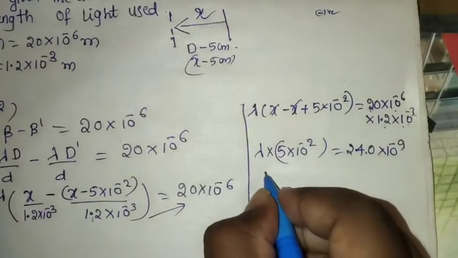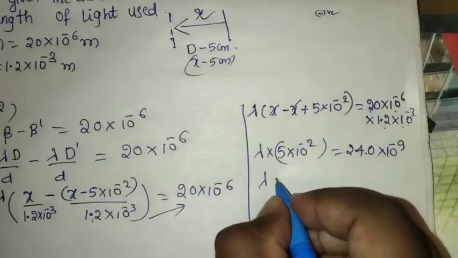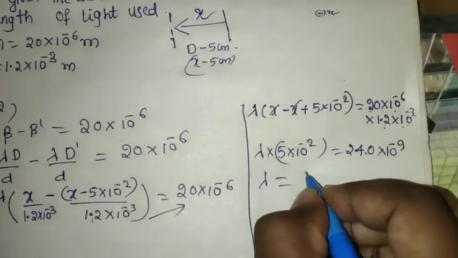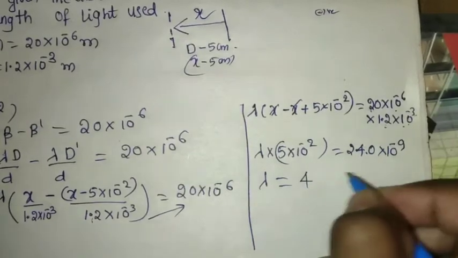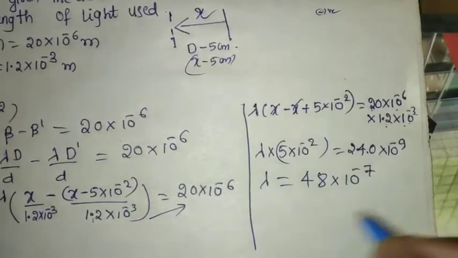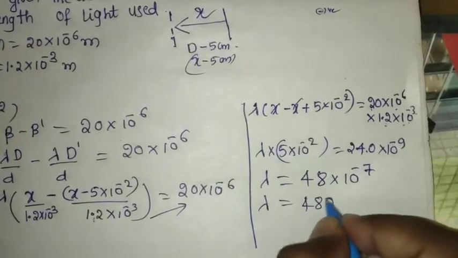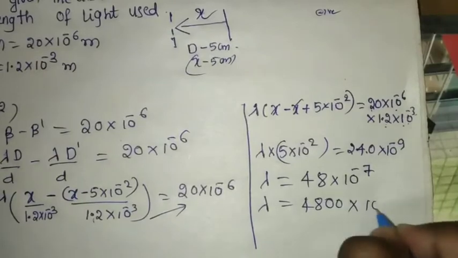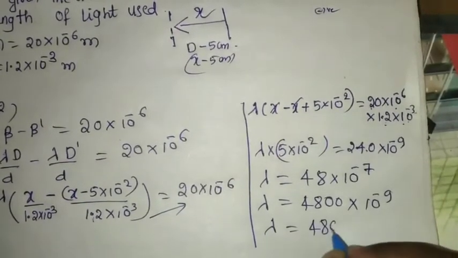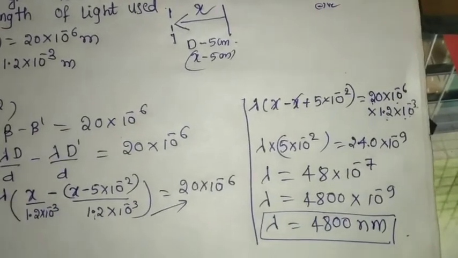Lambda equals that divided by 5 into 10 to the power minus 2. After simplification, lambda becomes 4800 into 10 to the power minus 9, that is 4800 nanometer. This is the final answer.